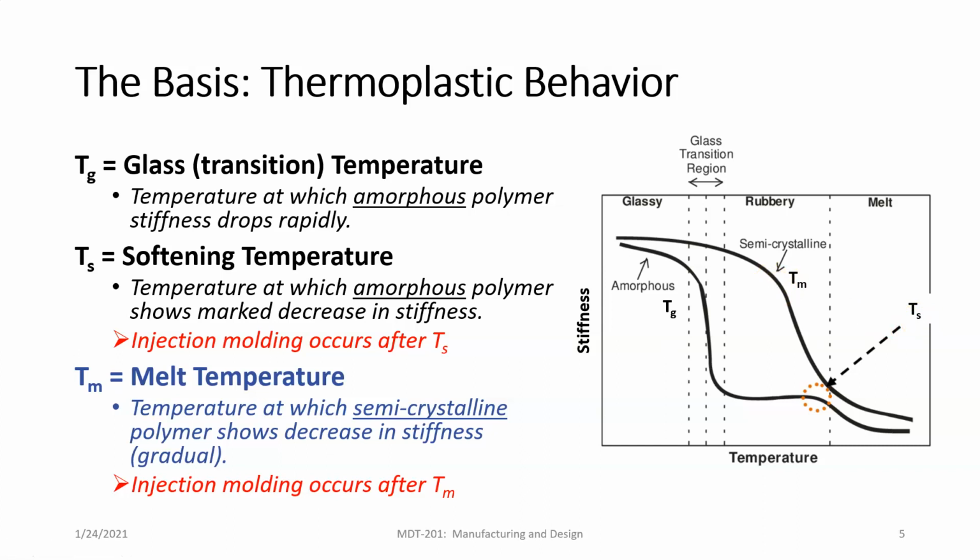And so it requires less energy to use semicrystalline with injection molding, because energy means that we're going to have to heat up the material more, reaching a higher temperature here for the amorphous.